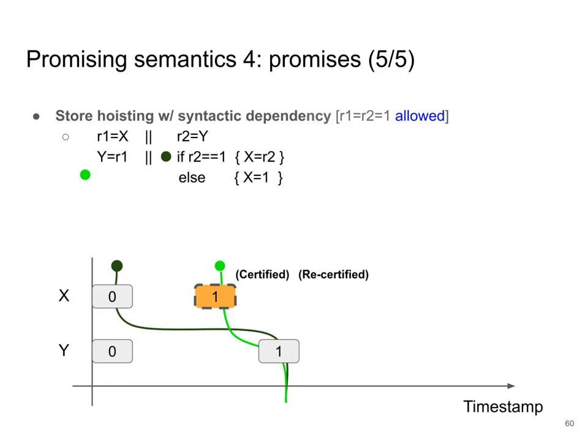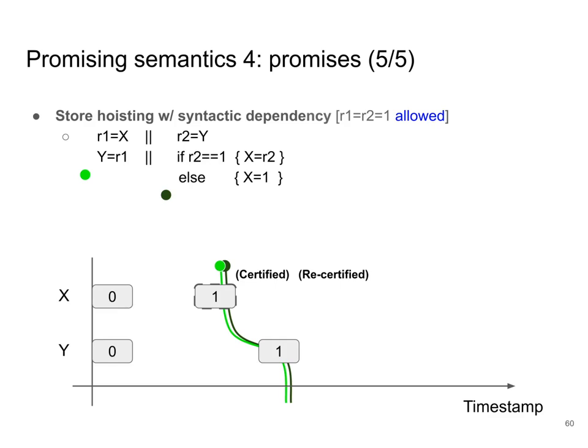So even though the instructions that are executed are different, which means there is a syntactic dependency, they are doing the same thing. So there is no true semantic dependency. So this mechanism captures the difference between them. And next, in the then branch, you can actually execute x equals 1, fulfilling the promise, and there is no more need to certify again because there are no ongoing promises.